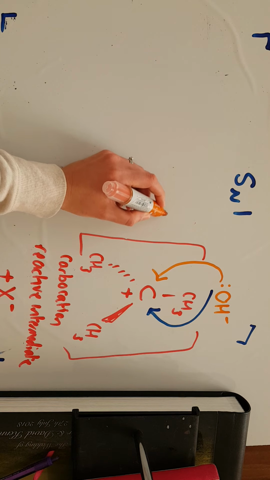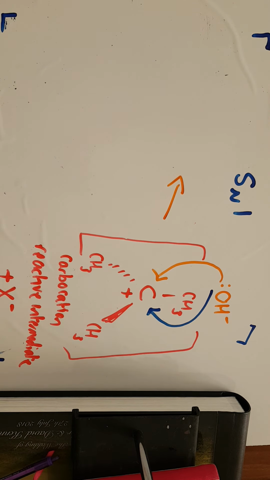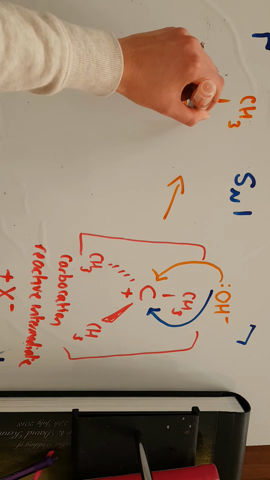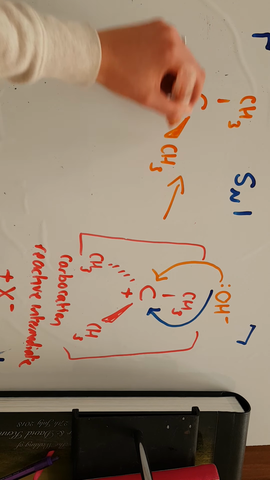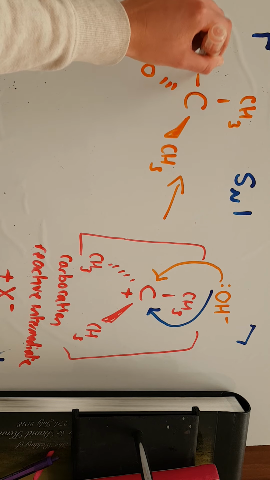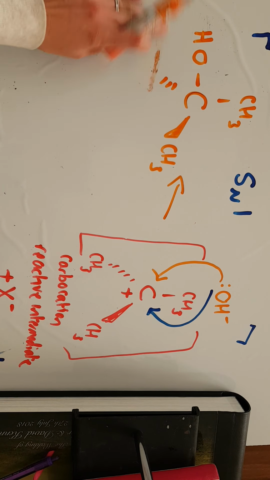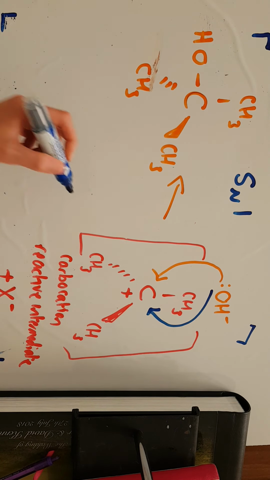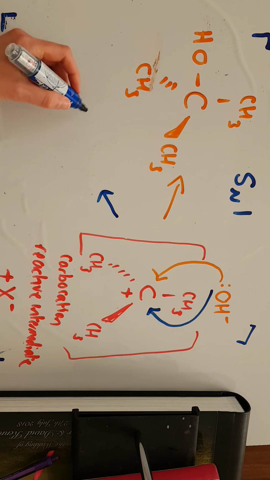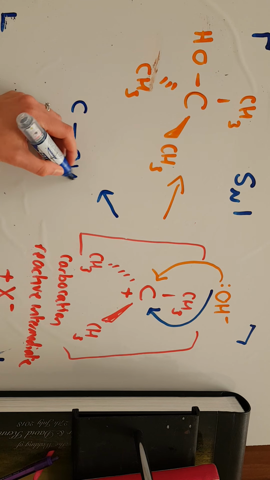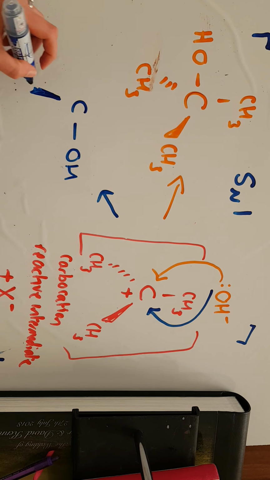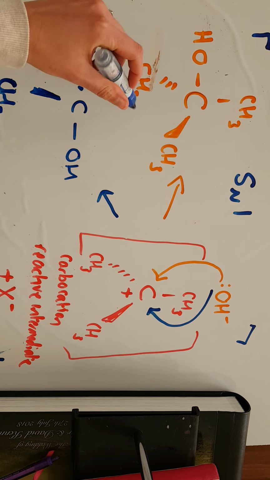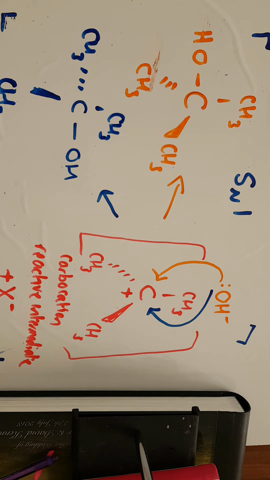So, if we had the orange pathway, then what you would have is this product, whereas if you had the blue reaction occurring, you would have this product here.